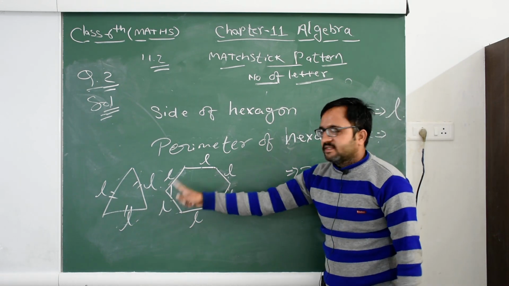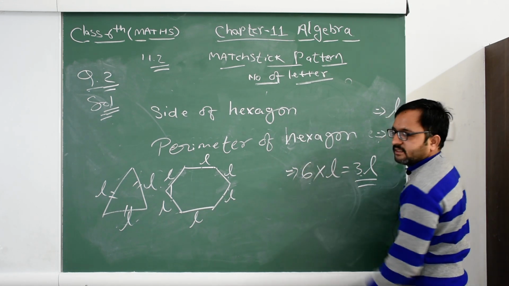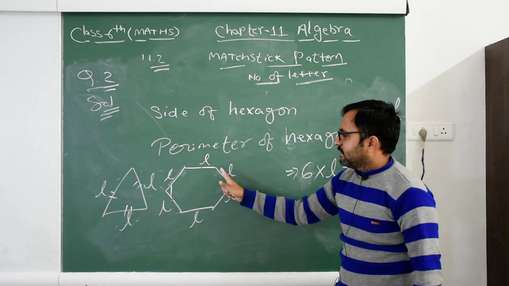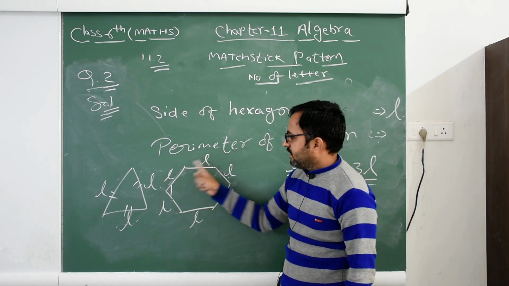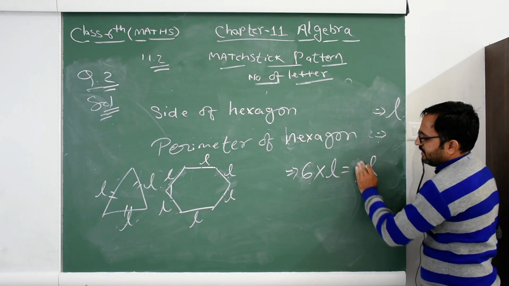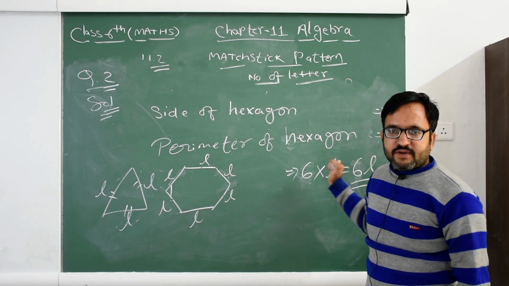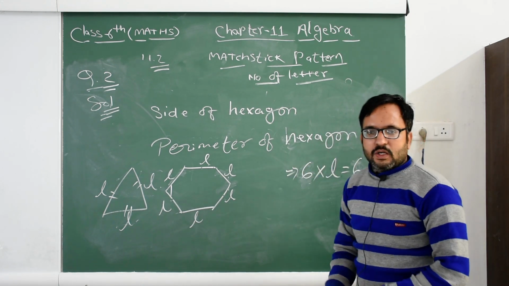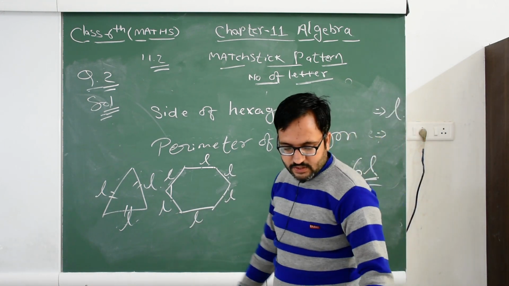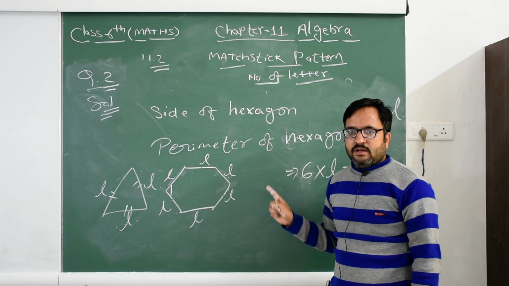So 6 sides, and each side is denoted by L. 1, 2, 3, 4, 5, 6, so 6L. Your answer will be 6L. The basic rule for finding the perimeter of a hexagon is 6L, where L shows the side of the hexagon. So this is the concept of finding the perimeter of particular figures.